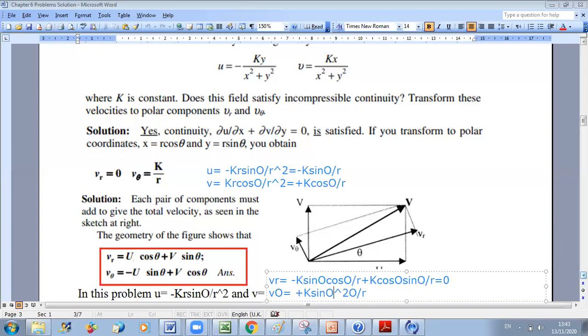Okay, and then for the second term, I have plus v cosine theta, so v is k cosine theta over r. So when I multiply by cosine theta, I will obtain k cosine squared theta over r. And you know that sine squared plus cosine squared is 1, which will simplify to k over r. So look, the expression is much simpler in polar coordinates, much simpler than in rectangular coordinates. Okay? Any question on this problem?